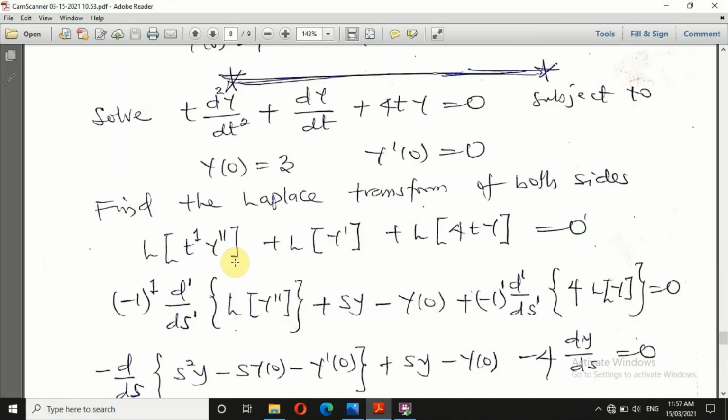Okay. Now, secret number 1. Do you remember when we were dealing with t^n f of t? If you check the lecture, I said it's more or less as if (-1)^n, then d^n/ds^n, then F of s. That's what we're going to use here now. Because this is t raised to the power 1.